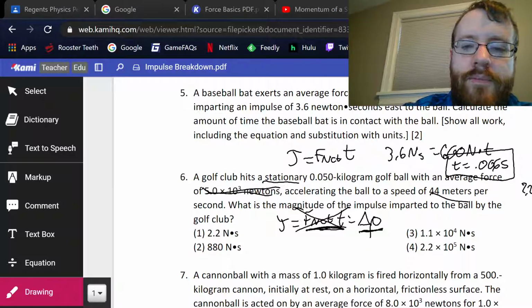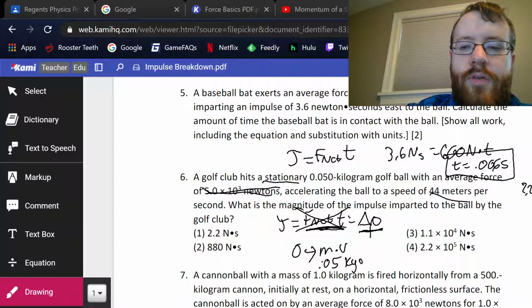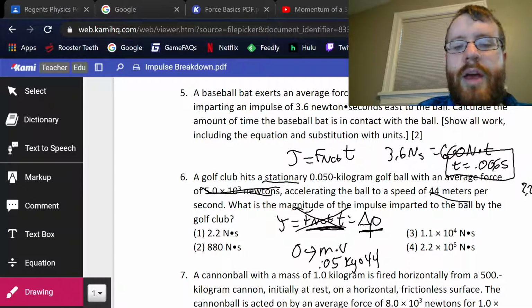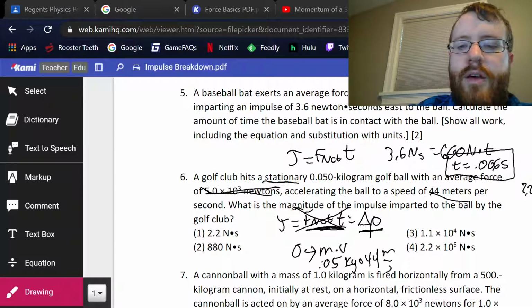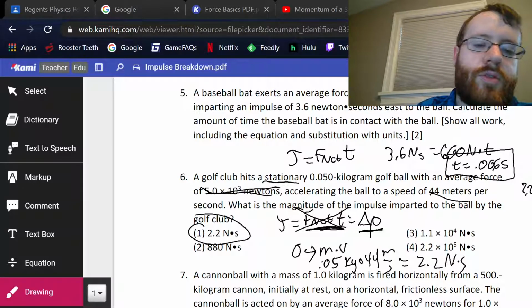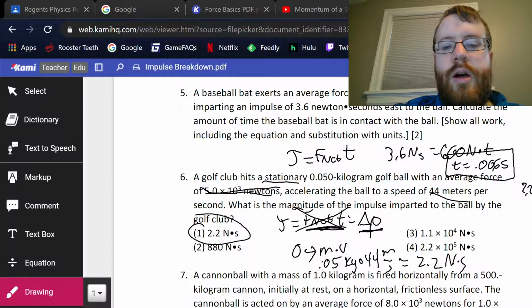It went from 0, because we started at rest, to m times v, m being 0.05 kilograms, v being 44. So when you do that math out, you get 2.2 Newton seconds, which again is the same as kilogram meters per second. So it's choice 2.